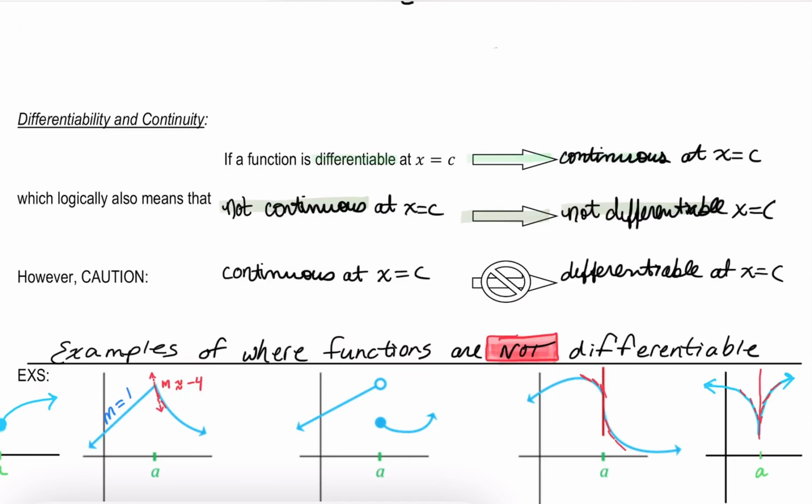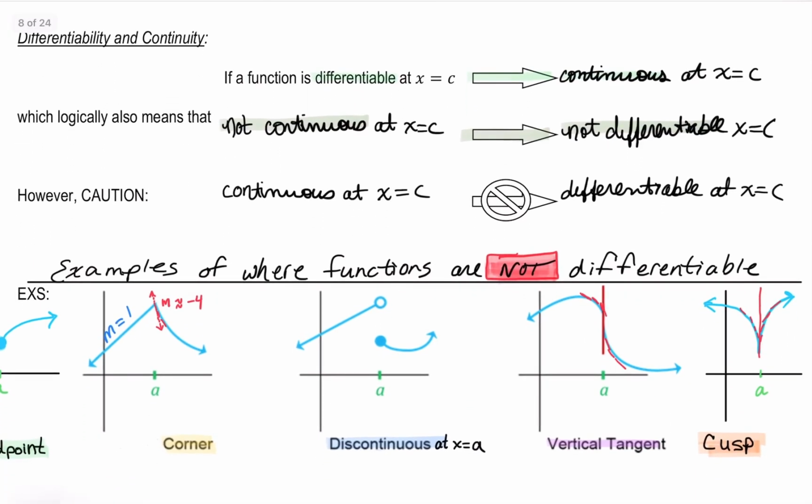So we want to be really careful on something like this. So notice the big old not here. It is not okay to say that continuity implies differentiability. Okay, so be careful on that.